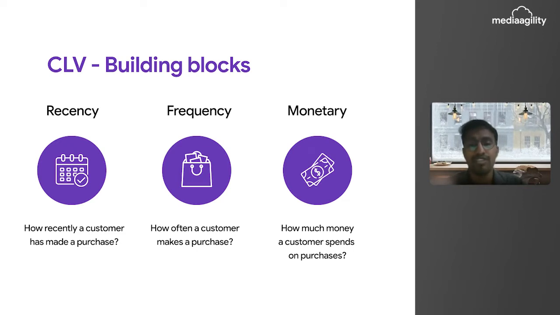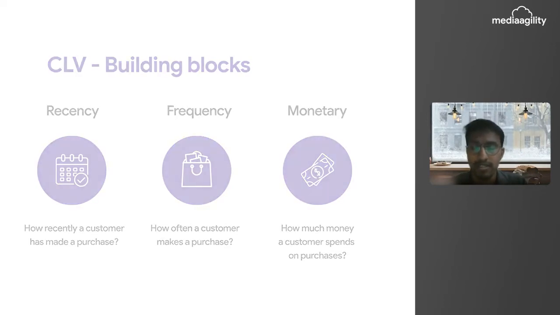And frequency is how often he makes a purchase, how frequently he's making orders. That's the frequency. And the monetary is the value, how much money he spends in every transaction, the average monetary value of the orders or transactions.